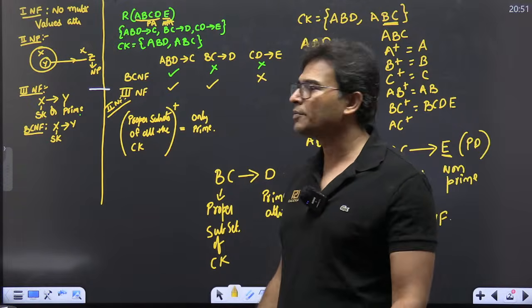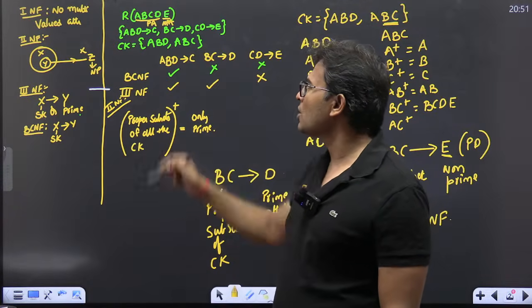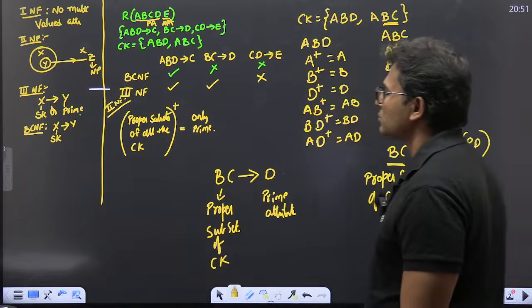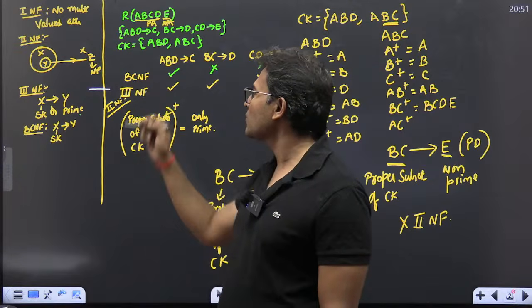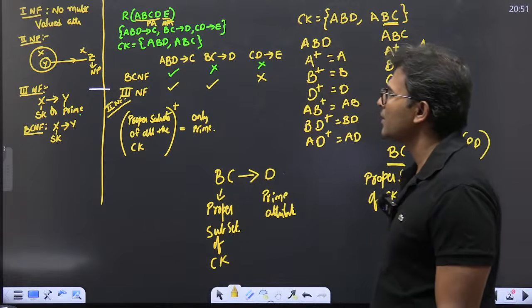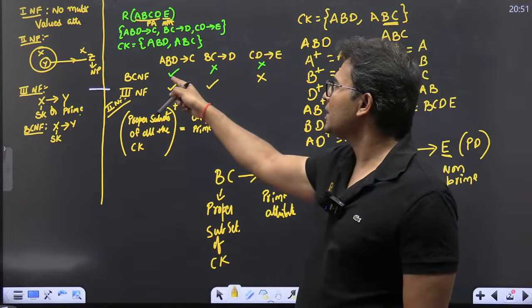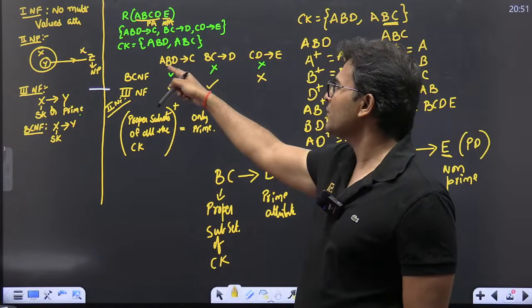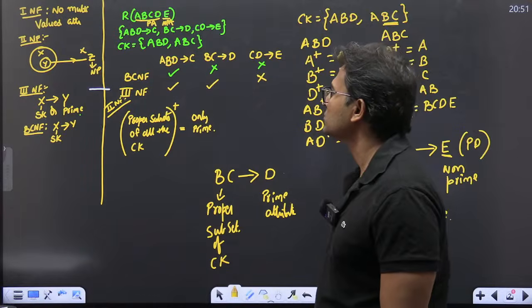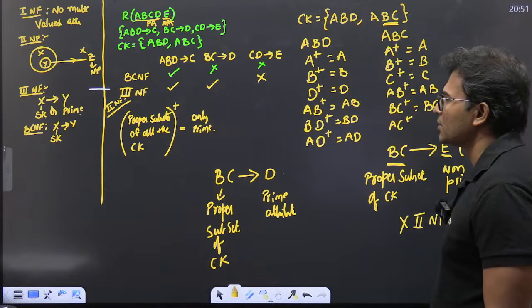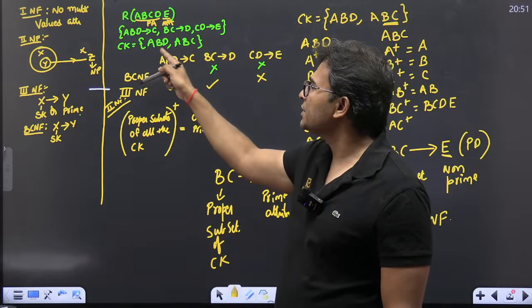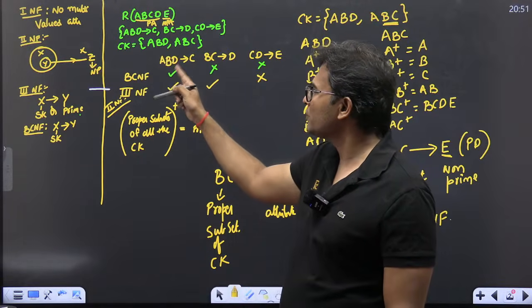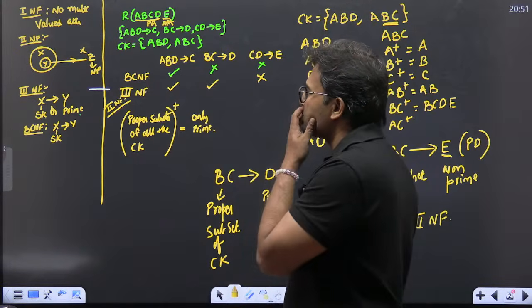In this case, the left hand side ABD is a super key. Why? Because ABD is a candidate key. That is why it is a super key also. So there is no problem with this functional dependency.